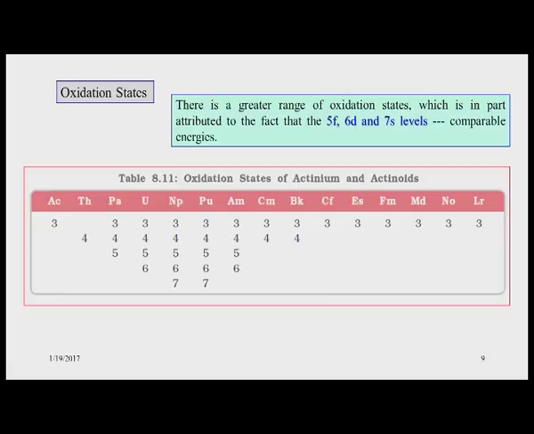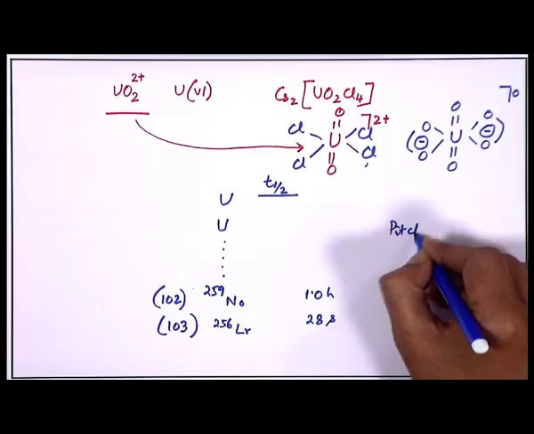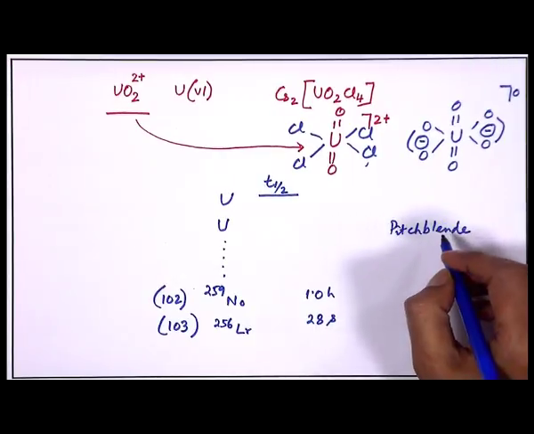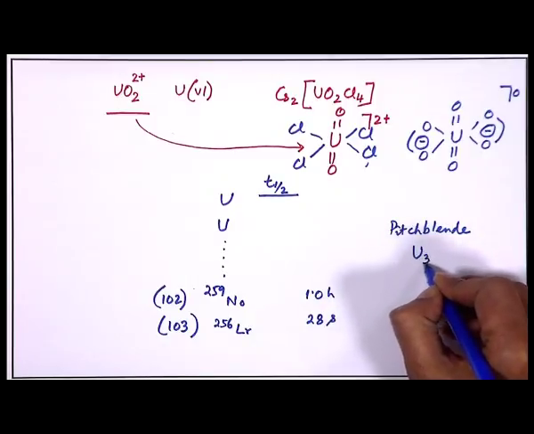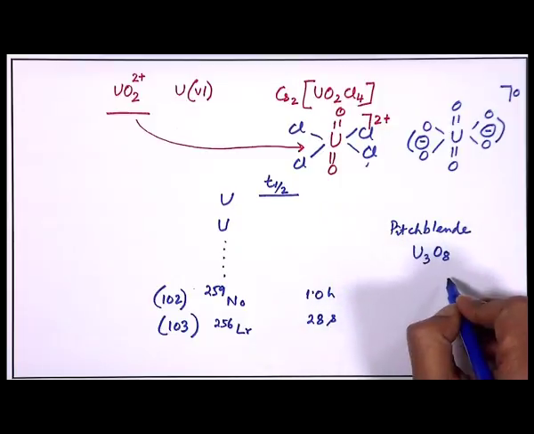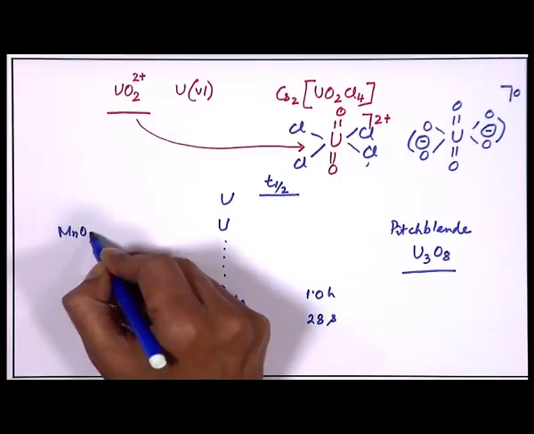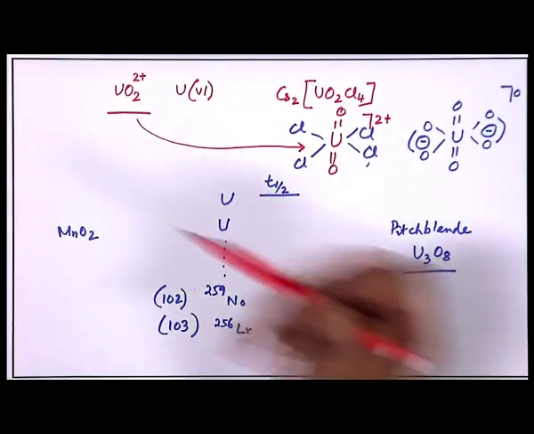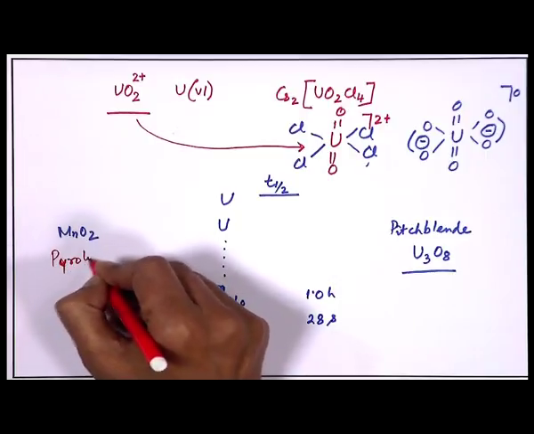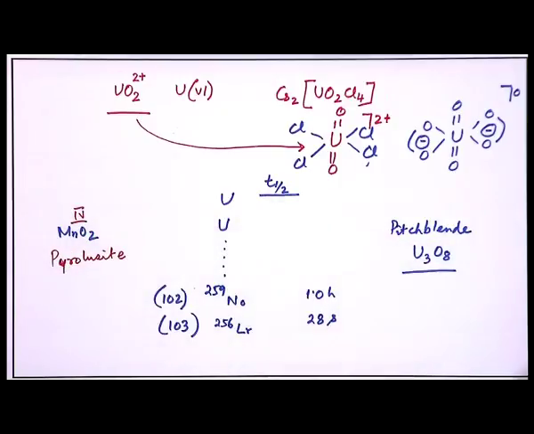So, one more thing: like monazite, we have pitchblende. This is another natural source, which is a uranium compound, uranium oxide, U3O8. In nature, like our MnO2, which we have seen earlier as pyrolusite in the +4 oxidation state.